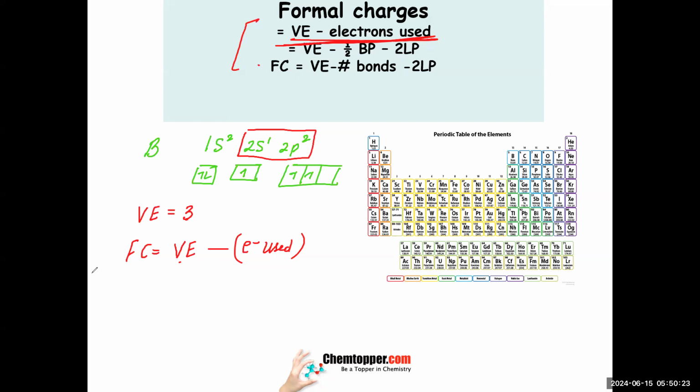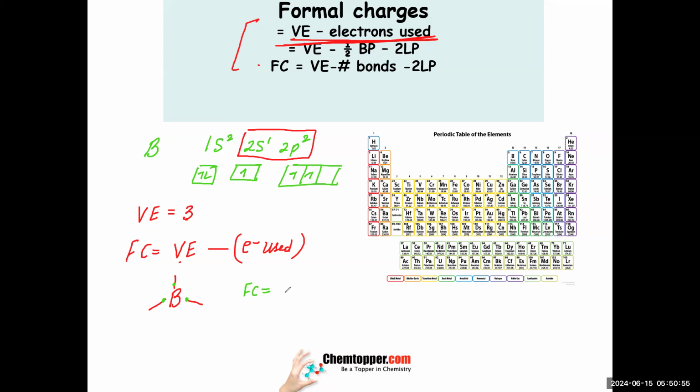Let's see an example. Like boron, you can see in molecules like this. In every bond, boron is using how many electrons? In every bond, 1. So the number of bonds around boron is the number of electrons used by boron. So what's the formal charge? Is there any lone pair on the boron?